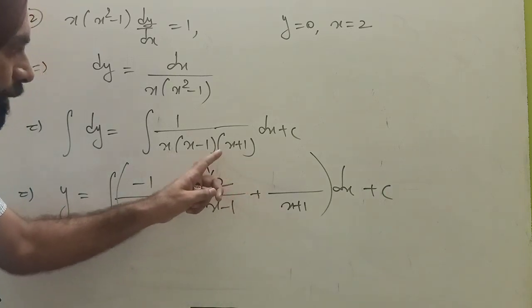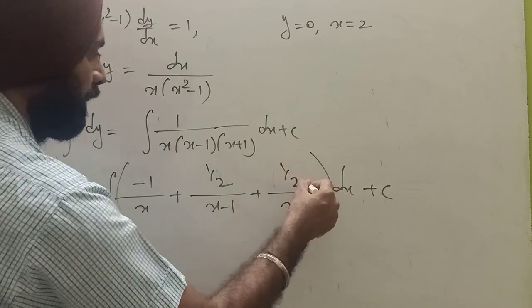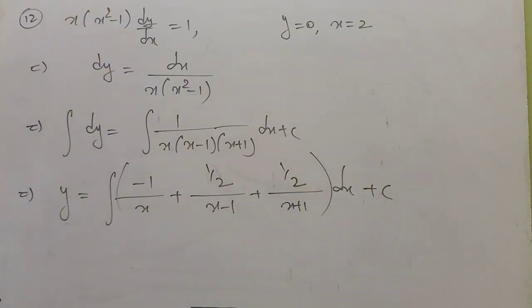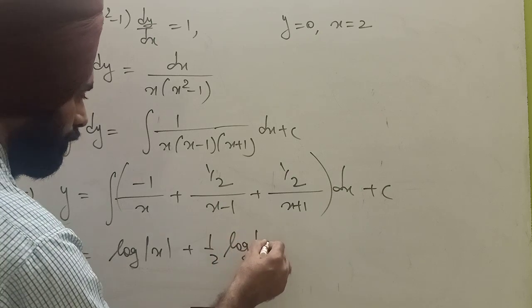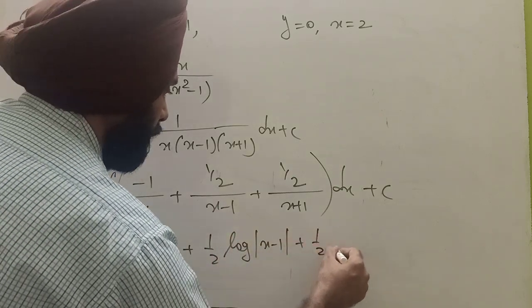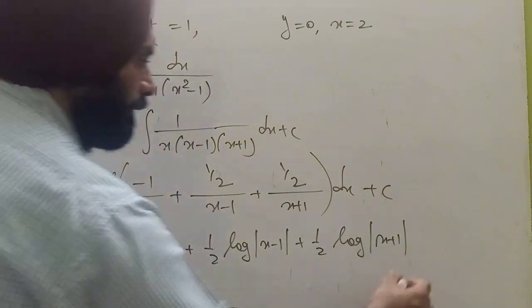And for this put x = minus 1, and there is minus 2, that is 1 by 2 again. Clear? So y = minus log mod x plus 1 by 2 log mod x minus 1 plus again 1 by 2 log mod x plus 1 plus c.